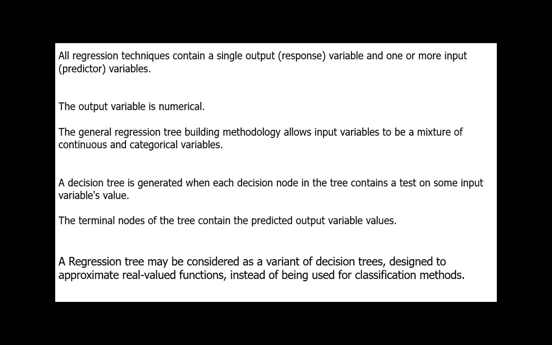All such things are called categorical variables. But what about continuous variables? All sorts of numerical values are called continuous variables. Now we are talking about trees based on continuous variables. That is our topic today.